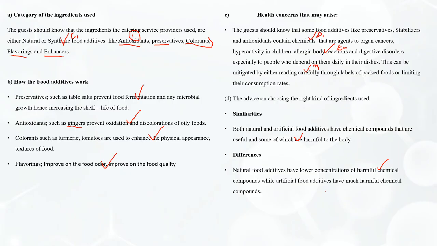So you have helped this person to know that both have harmful substances and those which are useful. But the natural ones are in low concentration, while the artificial ones are in high concentration.